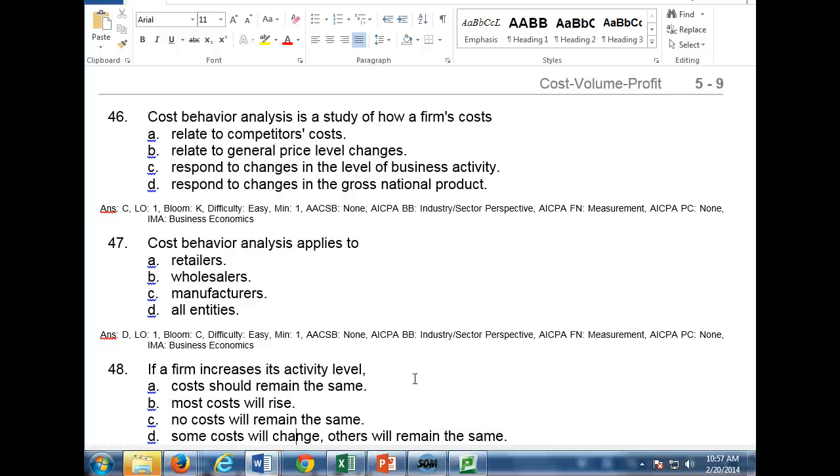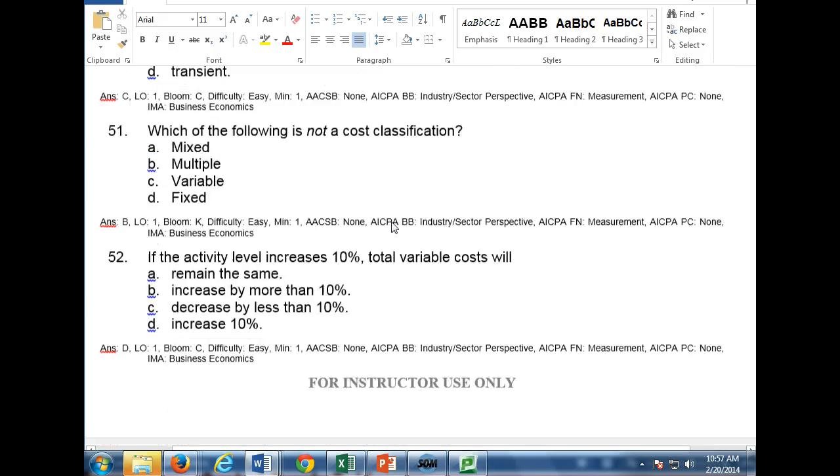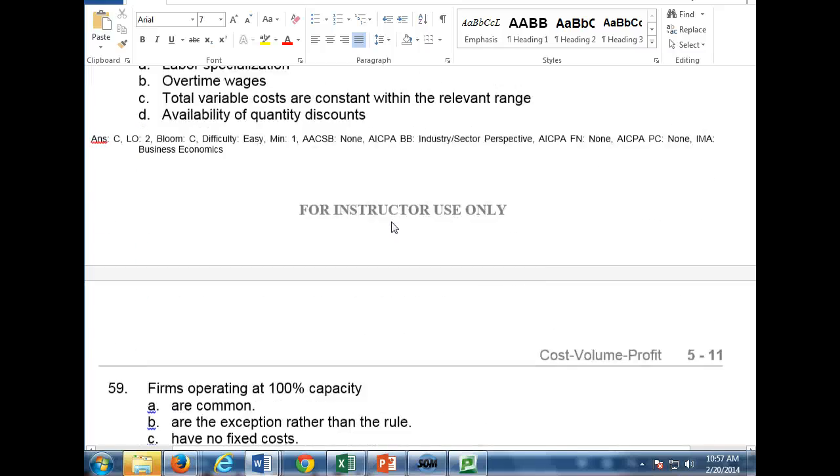Will fixed costs change? But will variable costs change? Doesn't that make sense? Okay, let's take one problem. I really want to go over one problem so you kind of understand.